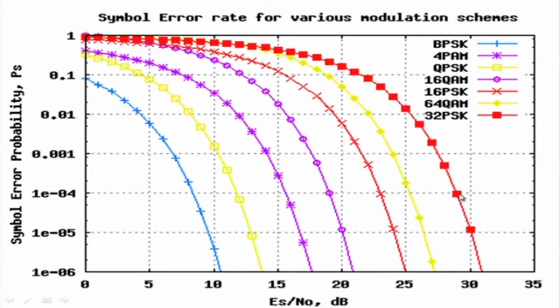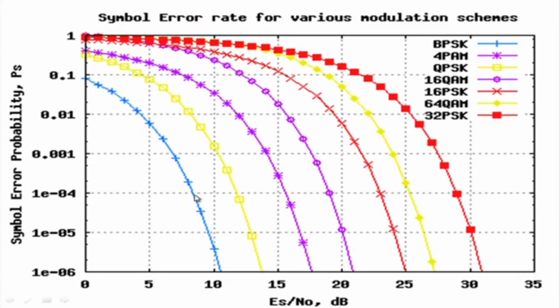Now, normally in clear sky operation you are operating at a higher order, and because of the rain you have attenuation of this much, say 15 dB. So, instead of increasing power by 15 dB, you start operating at a lower order of modulation.